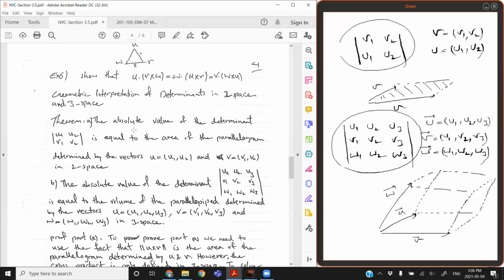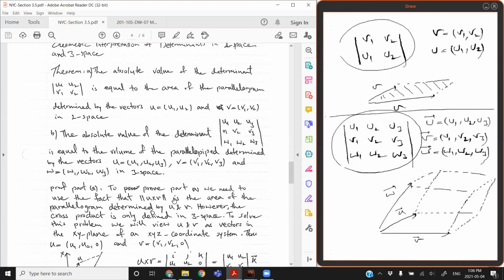So this is the theorem. The absolute value of the determinant is equal to the area of the parallelogram that is determined by the two vectors U and V, as I explained here on top.